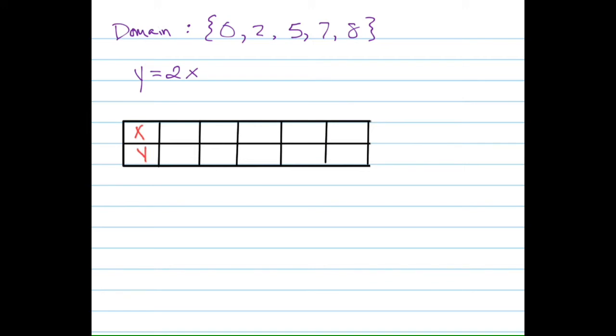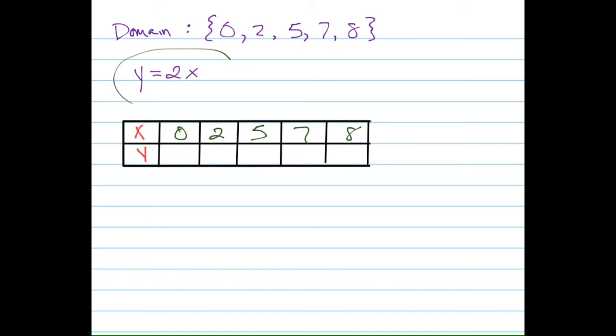So what am I going to put in the top row? What numbers go in the top row? Those are my inputs. That's my domain. So I need to figure out what my outputs are based on that function.